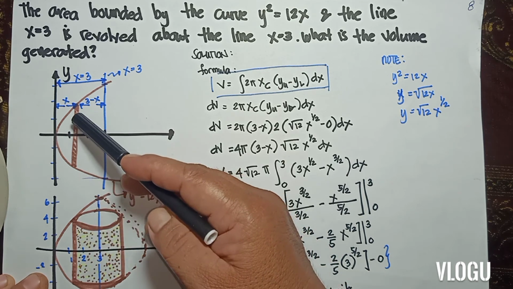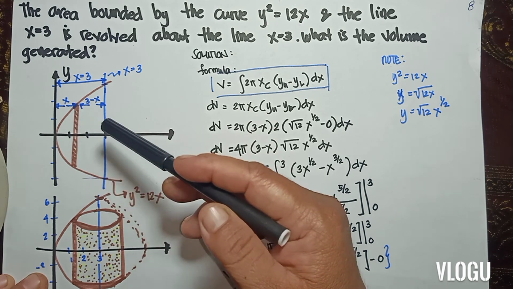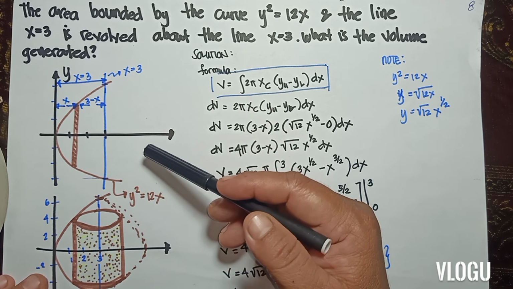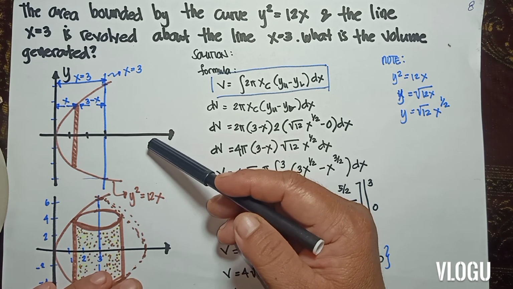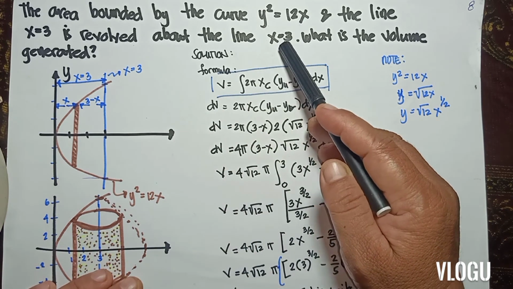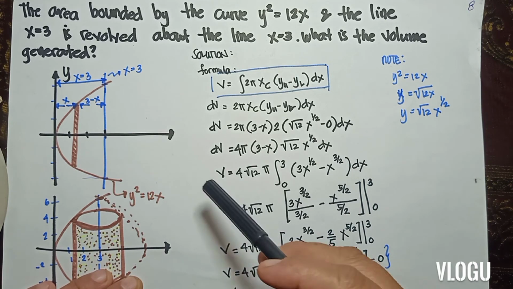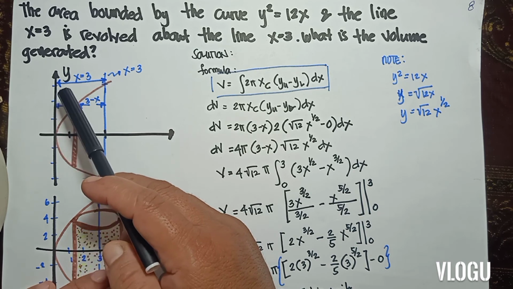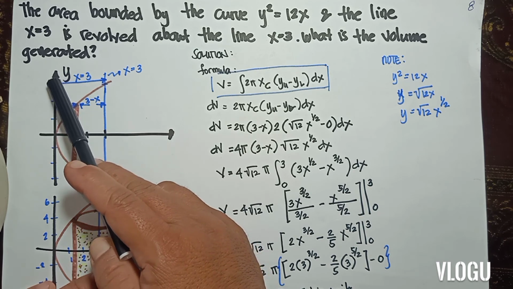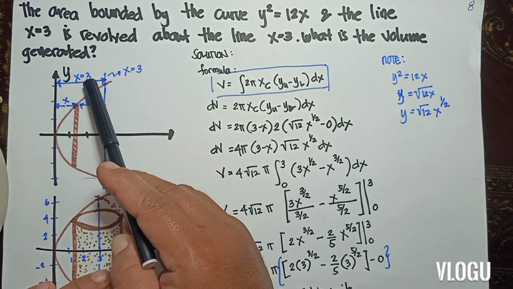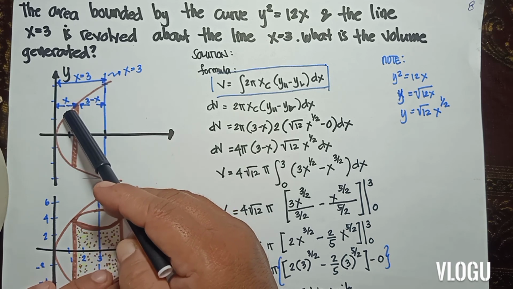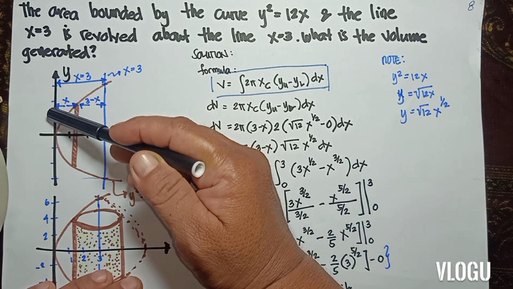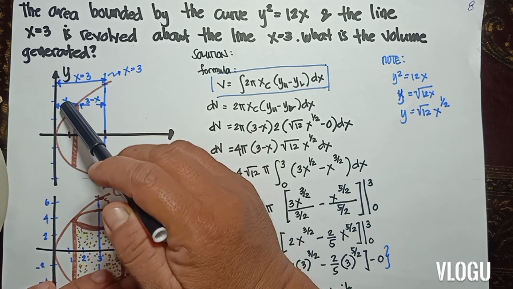If we use a vertical strip, we will be using the cylindrical shell, revolved about the line x is equal to 3. The same procedure as a while ago. You have from your y-axis to your line x is equal to 3. Any vertical strip that you form, from the y-axis to the strip, is equivalent to x.